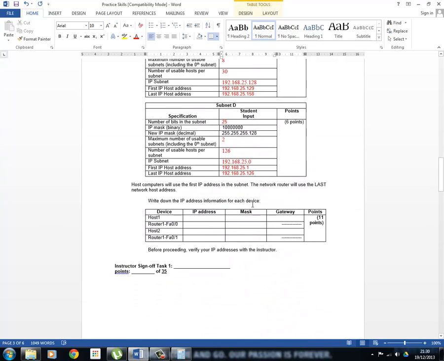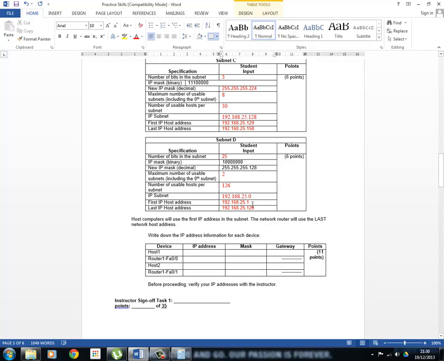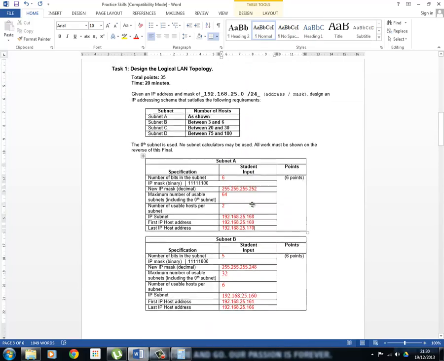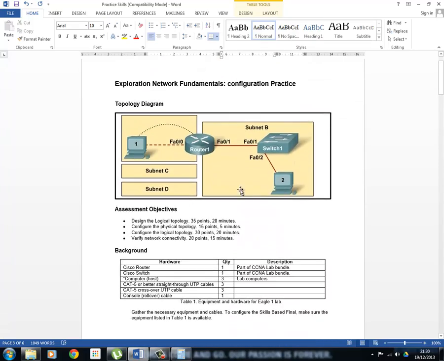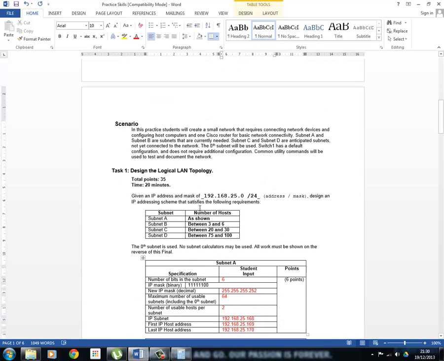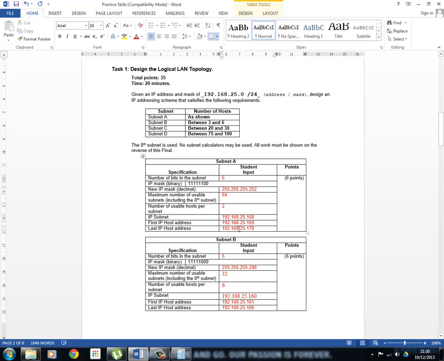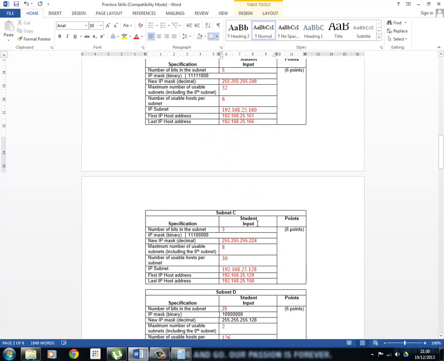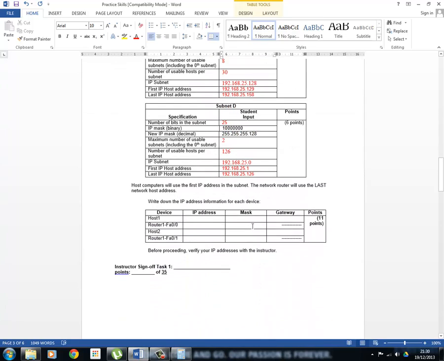Okay, now what you would do is you would give host 1, okay, on the FA, so you'd need your design again. So you've got FA00 here, okay, which is the network A. So the host address is going to be 169, if we decide to have it as the first IP address, but I'm going to actually put this as .170.